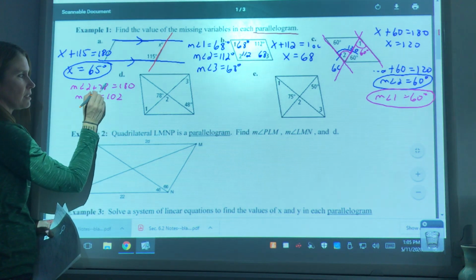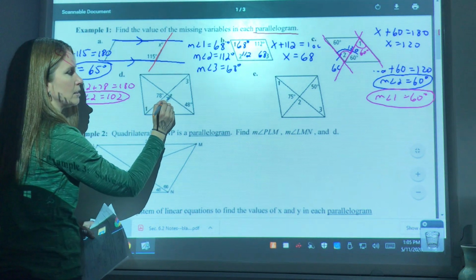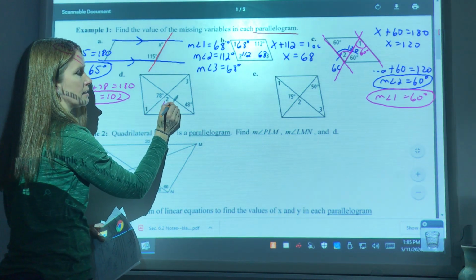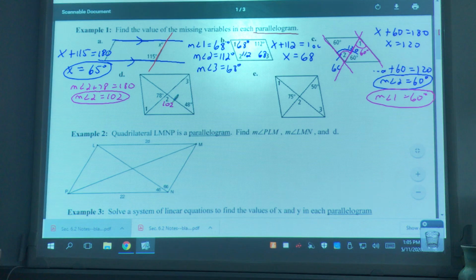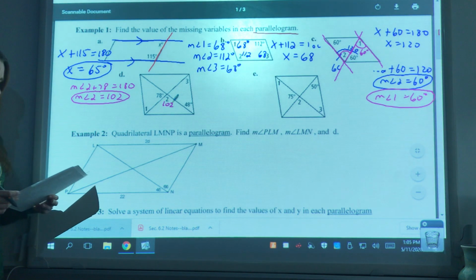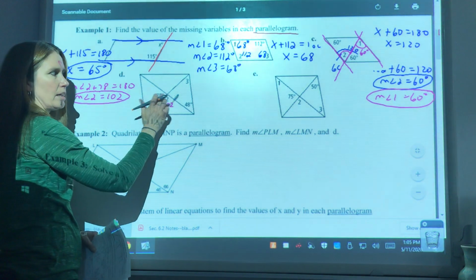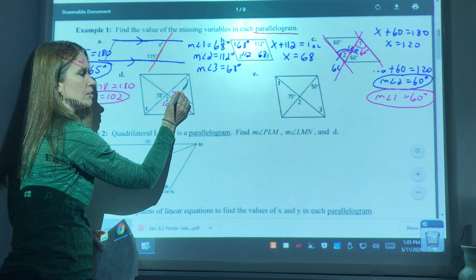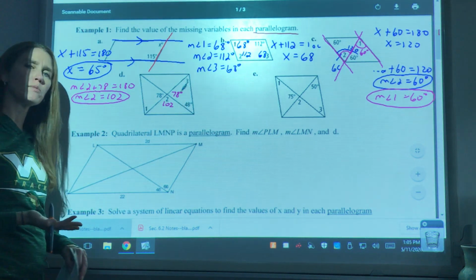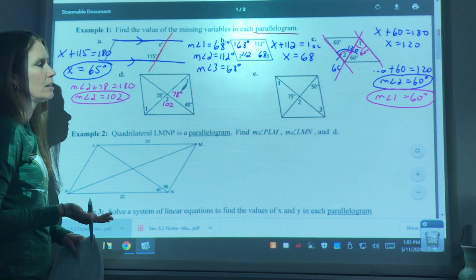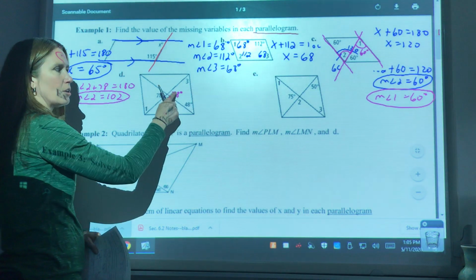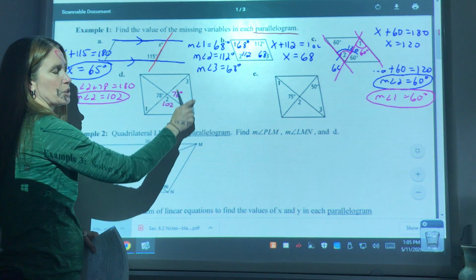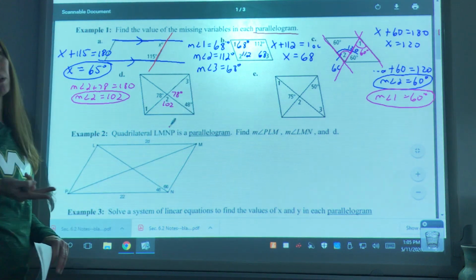When I find something, it's going to be helpful to plug that in the picture, because that might help me find the next thing. If I want to use the fact that these are vertical angles, if that's 78, that's 78. I can fill that in. Even though they didn't ask me what that angle is, that's helpful to fill in. And then I can use the fact that these form a triangle, these 3 angles. I know 2, I want to find the third.